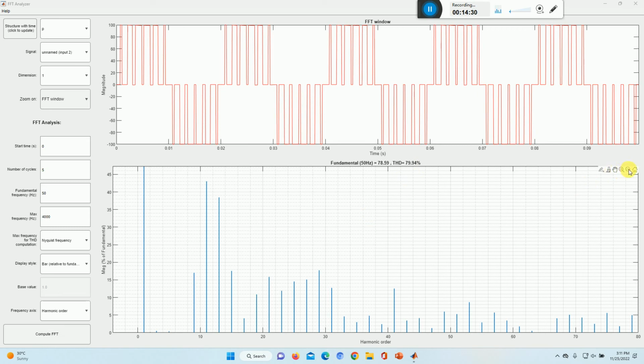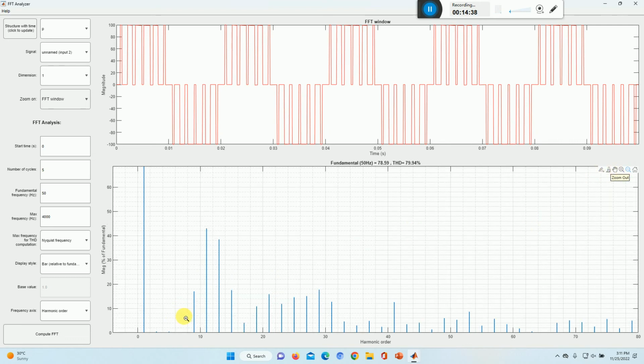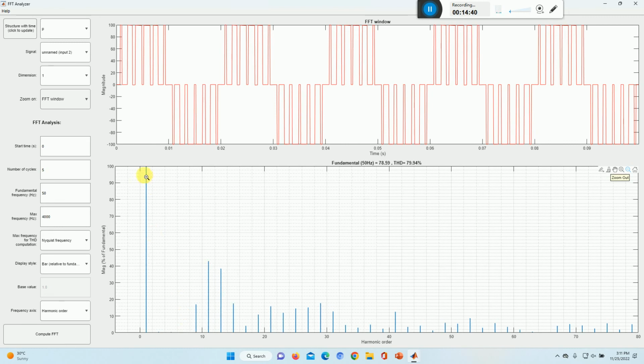Here also we can save this by simply putting a minus, then we can zoom in. The fundamental is reflected here, so we can just brush over this portion of it.